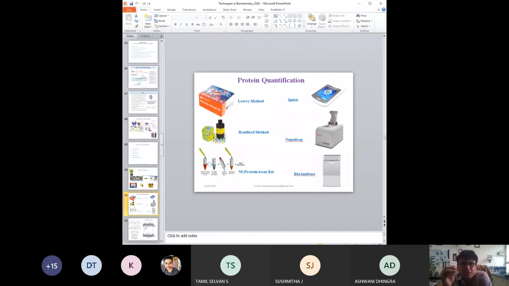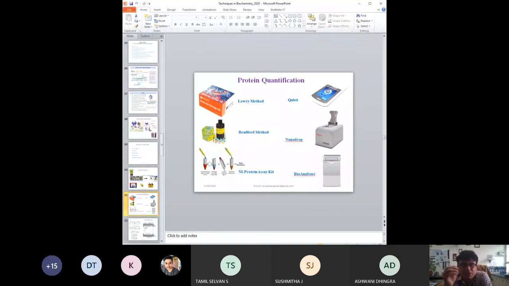Then we have the Qubit, which I told you is proprietary of Invitrogen, and here you have to purchase a standard and some dyes, and then once you feed your sample into a tube along with a buffer, it will tell you the quantity of the nucleic acid or protein present in your sample. Then I told you that the advanced one is the Bioanalyzer.